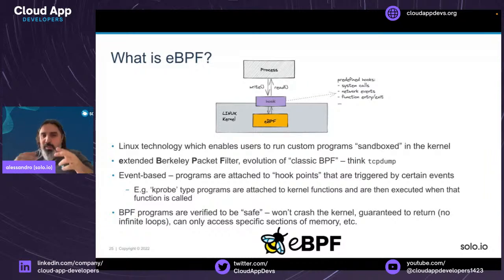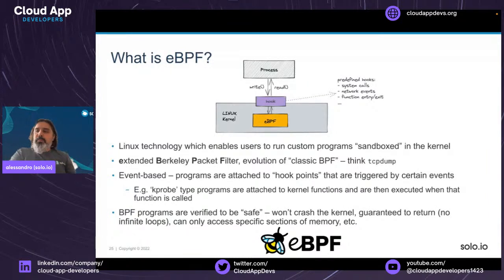So it's a very powerful mechanism that can execute small programs. That's the crucial part here, right? BPF programs are safe, and because they are safe, they usually cannot be very sophisticated, but they work extremely well, extremely fast, because they are executed in the kernel, so there's no context switching.